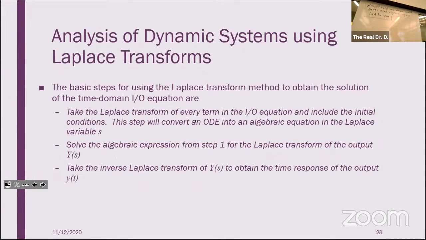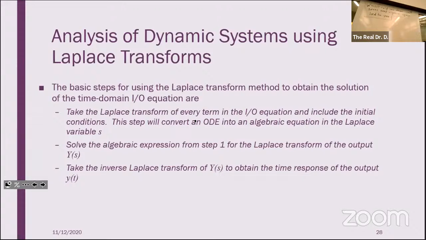So what are the basic steps for using the Laplace transform method to obtain a solution? First, take the Laplace transform of every term in the input-output equation and include the initial conditions. This step will convert an ODE into an algebraic equation with the Laplace variable s. Then we solve this for our output, whatever our output happens to be. In this case, we used y of s, but it's whatever our output is.